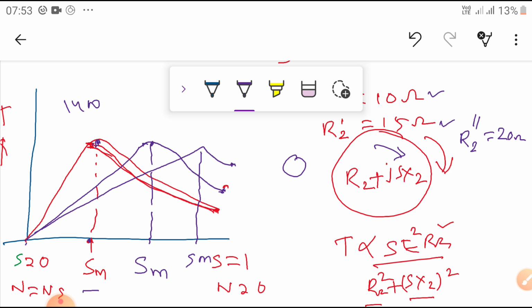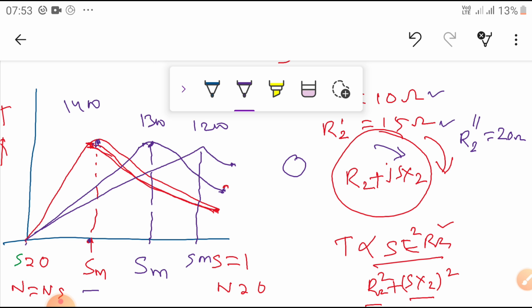Here it will take 1300 rpm, so it will take more time. Here we are going to 1200 rpm. That means the slip S is equal to 1 at the standstill position. So the slip at which it occurred changes. The slip for maximum torque increases with increase in R2.